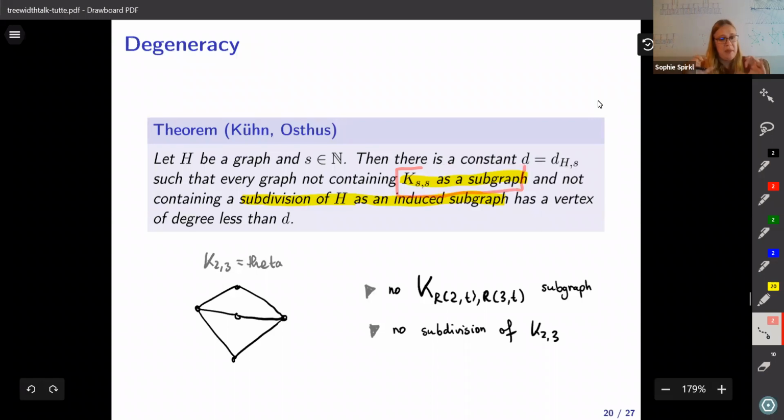You get a complete bipartite subgraph. So in other words, if you don't have a big complete bipartite subgraph, which we don't because that would be a big clique or a theta, and if you don't contain a subdivision of some graph, then you have bounded average degree. So how does that help?